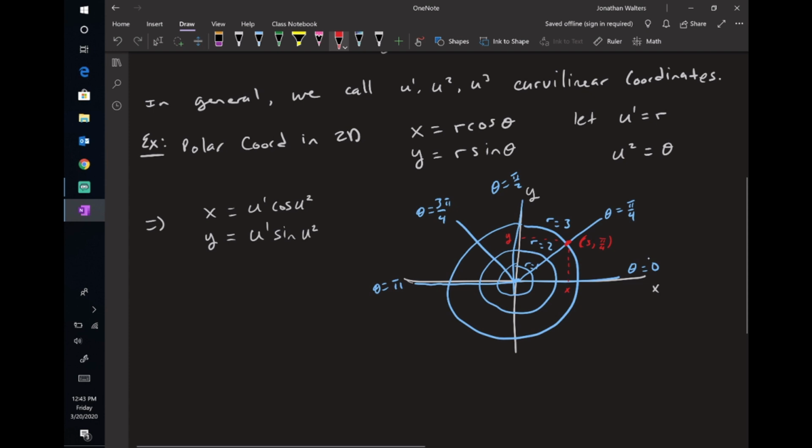It's just now we have a curvilinear coordinate system because the lines of the coordinates are curved. We have circles for constant values of r. R is just the radius from the origin. So we know that u1 would be the square root of x squared plus y squared, and u2 would be arctan of y over x plus pi if needed.